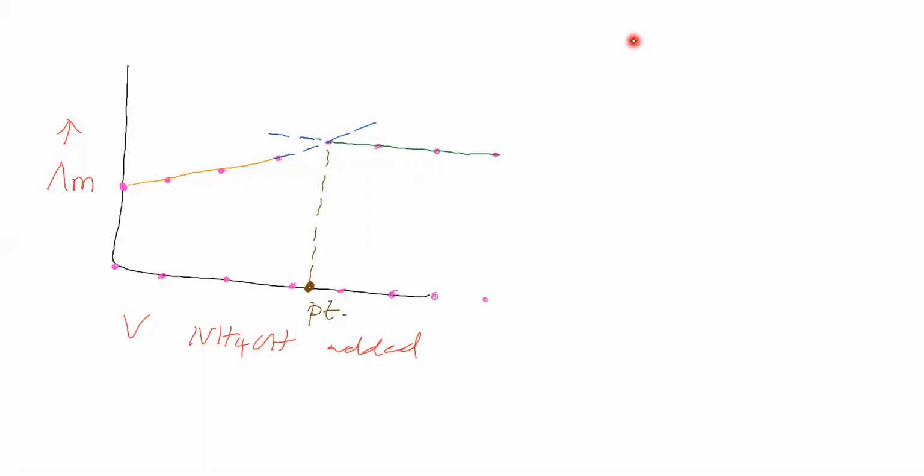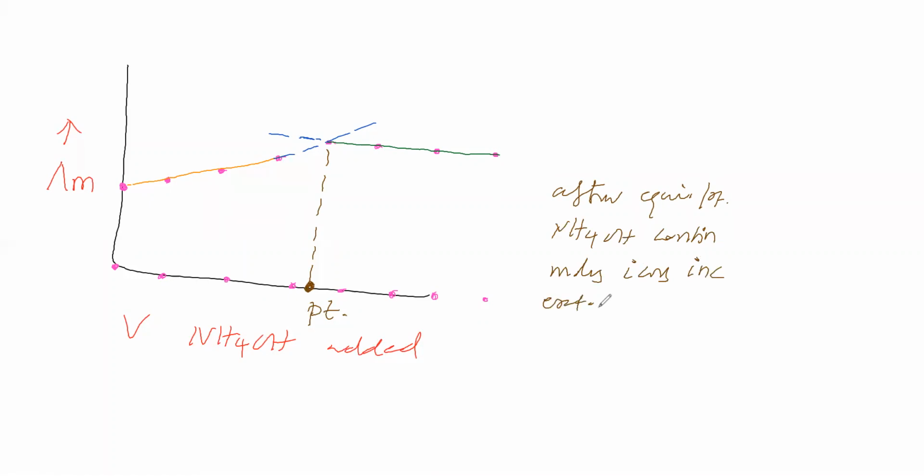We will consider that idea also. After the equivalence point, we are continuously adding ammonium hydroxide, so the number of moles of ions increases, but the extent of increase is low.